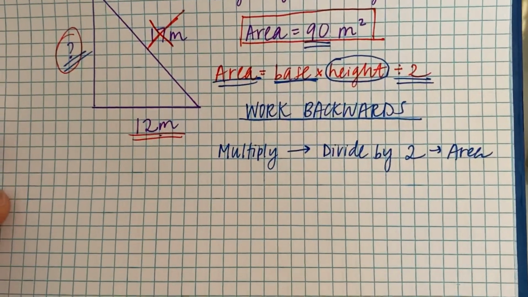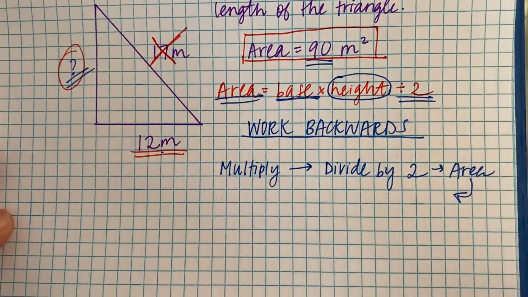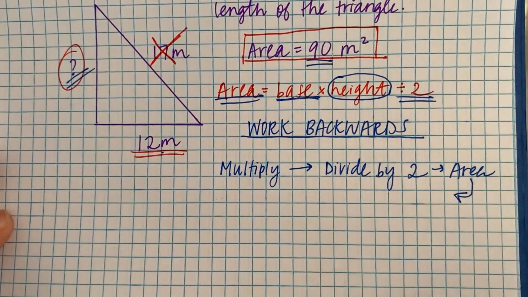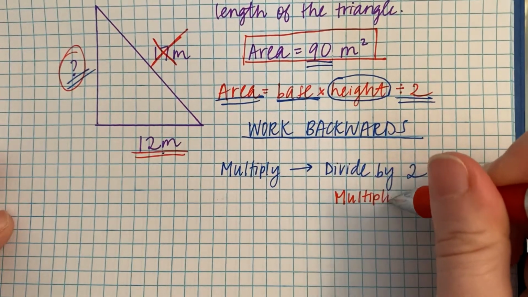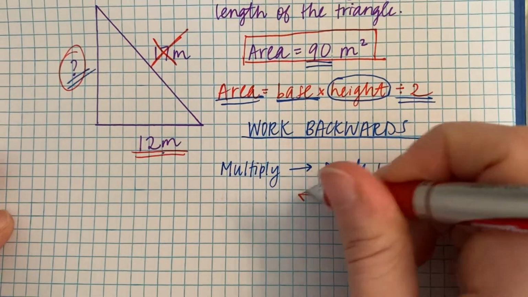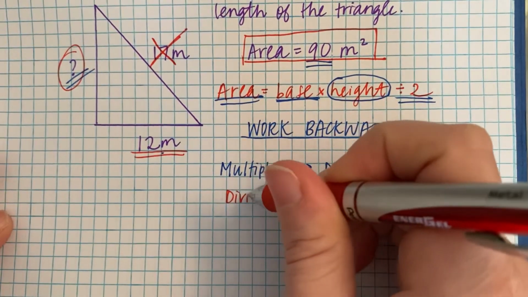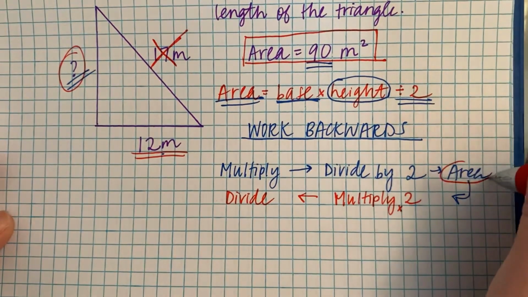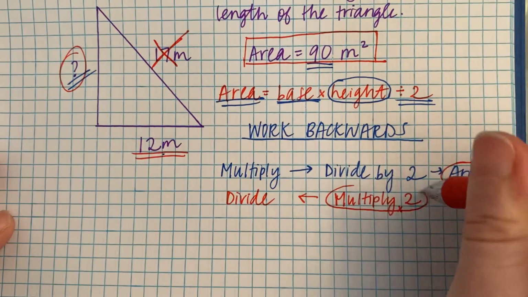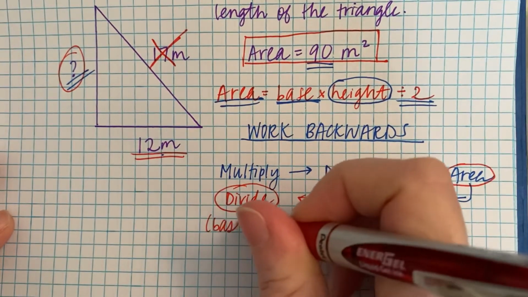So that's normally how we find the area, right? If I were asking you to work backwards, let's go in the opposite direction. If I start with the area, I need to do the opposite of divide by 2, which is multiply by 2, and then divide by whatever value you have, the base or the height, whichever one you know.